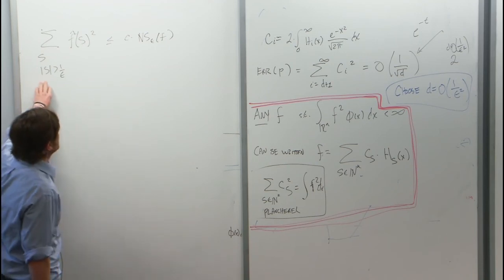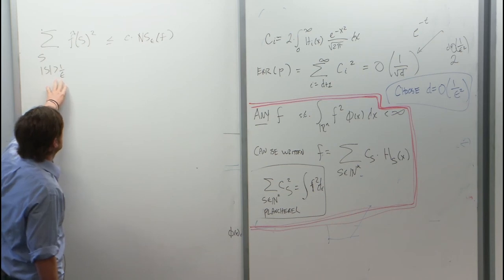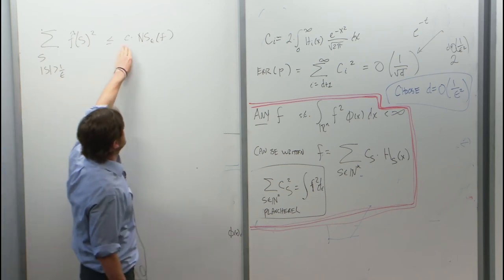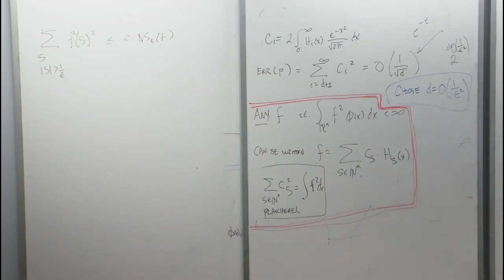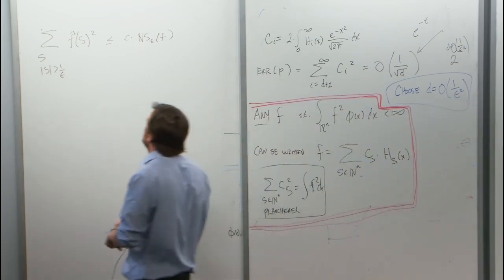So the Fourier mass of coefficients on degree greater than 1 over epsilon is bounded by the noise stability at epsilon of f. You can see this by multiplying the left and right hand sides by 2. Then you'll get 1 minus something. 1 is equal to the sum of the squares of all the Fourier coefficients. Pull some things out. It's not too difficult.